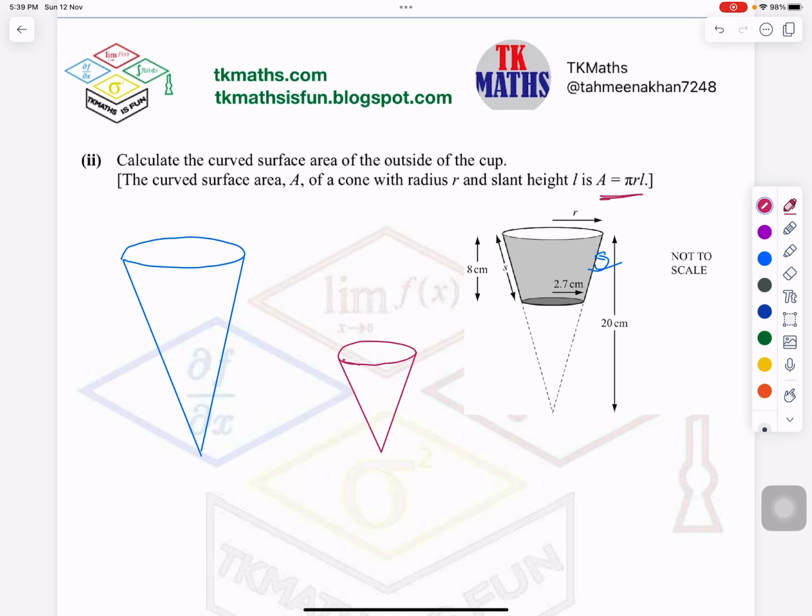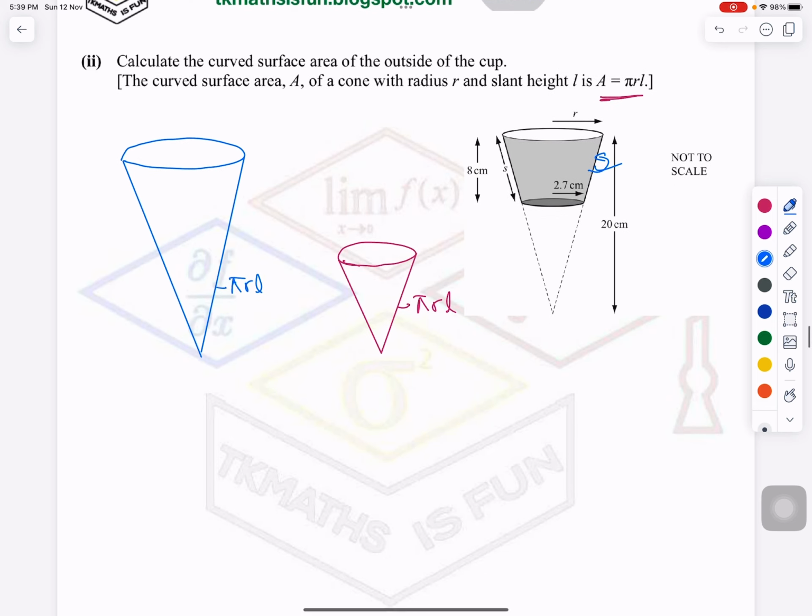So this curved surface area around it is pi RL, and for this one it is pi RL. So I will do the curved surface area of the bigger cone minus the curved surface area of the smaller cone. That will give me curved surface area of the cup. Curved surface area of the cup.